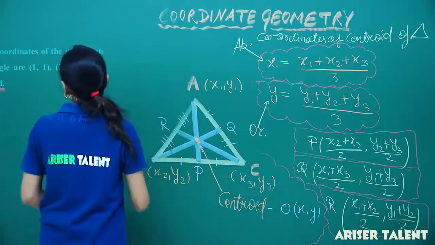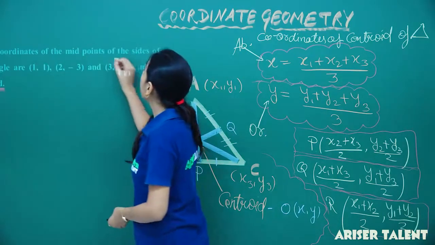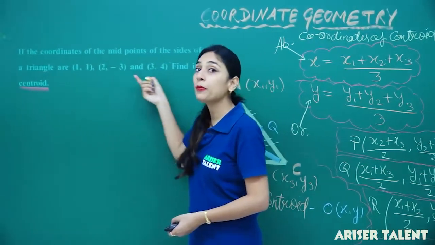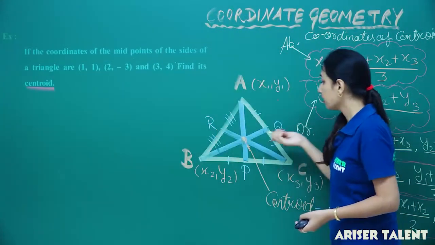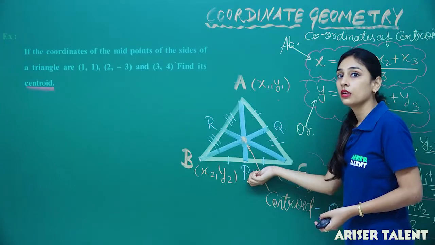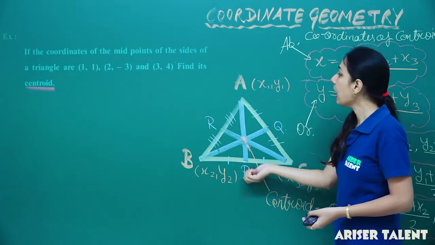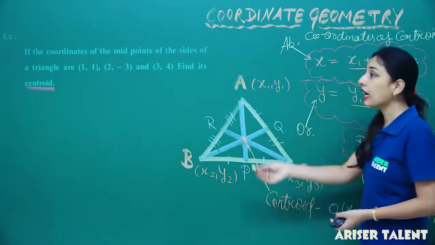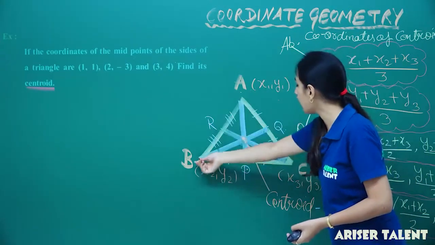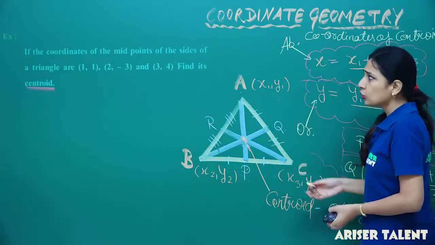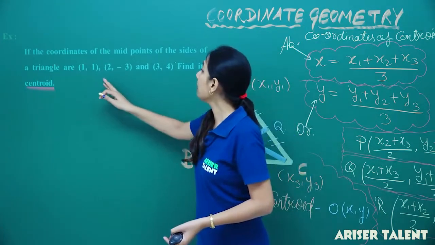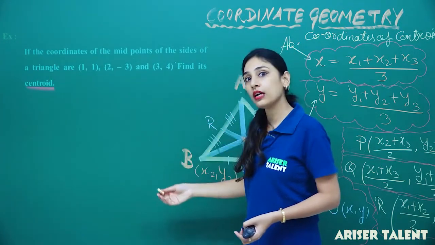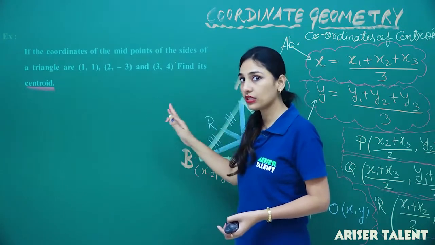Now what is given is the midpoints' coordinates. So the coordinates given here are the coordinates of P, Q and R. You are not provided with the coordinates of A, B and C. So you just can't do (1 plus 2 plus 3) by 3 and (1 minus 3 plus 4) by 3 as your answer.